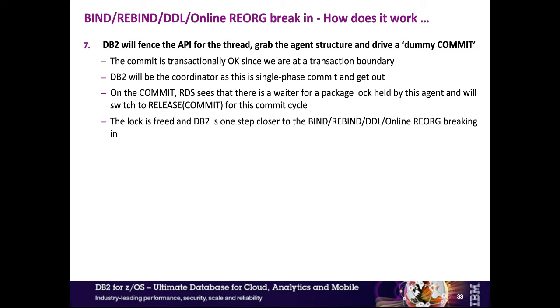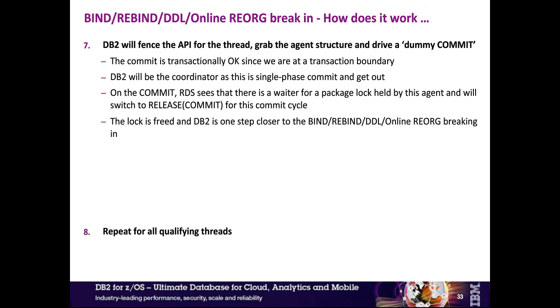The commit itself will be a single-phase commit, with DB2 being the coordinator. On the commit, DB2 will see that there is a waiter for the package lock held by the agent and switch to release commit for the commit cycle. The lock is freed, and DB2 is now one step closer to success.